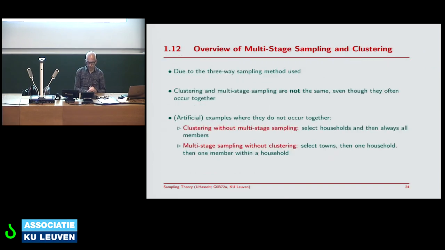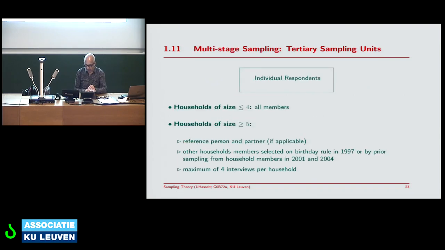Okay, a comment about multi-stage sampling and clustering. Well, clearly, and that brings me back to another question, why do I even subsample? Well, there may be very large households, and I'm not thinking of a father and a mother and 18 children, but you have sometimes institutional households, etc., like a retirement home.